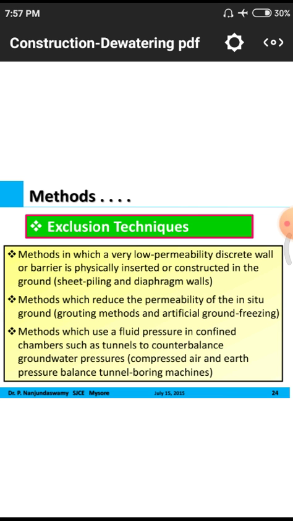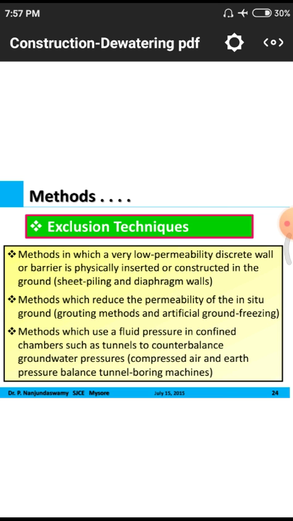After that, we have methods which use fluid pressure in confined chambers, such as tunnels, to encounter balanced groundwater pressures: compressed air, and earth pressure balancing tunnel boring machines. This is the third technique. Normally in many structures they use different fluid pressure confined chambers to remove the quantity of water.